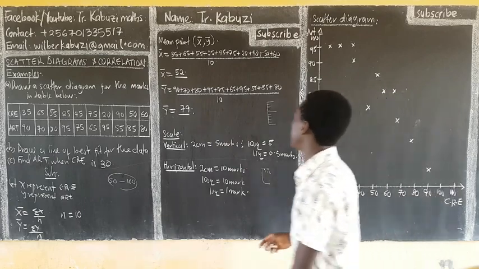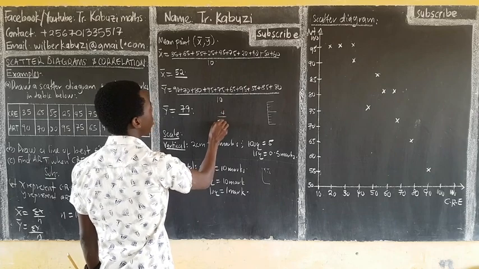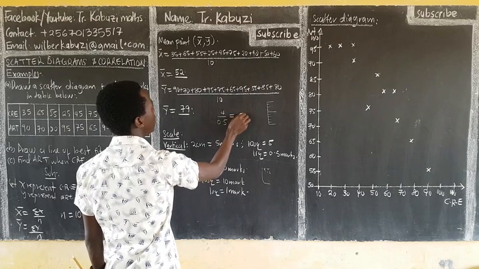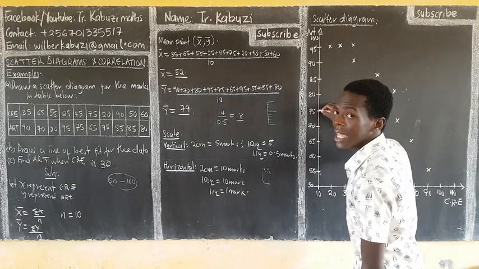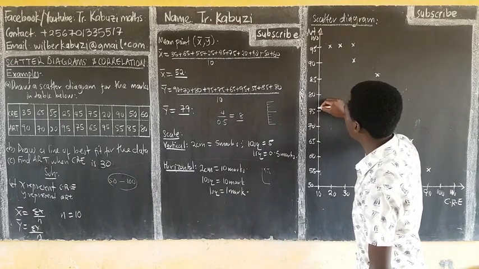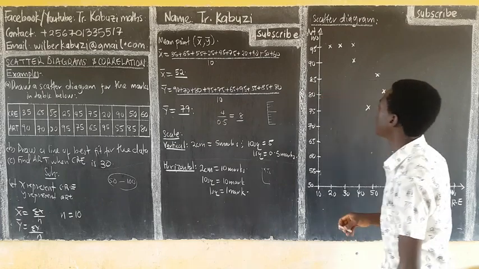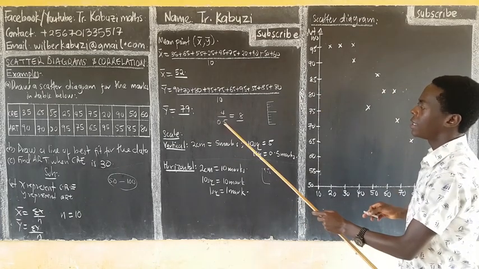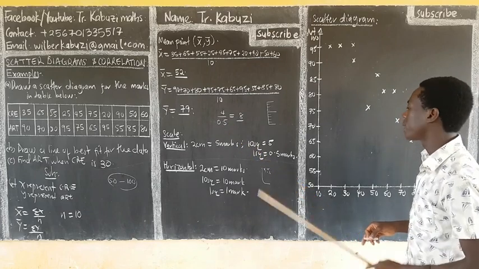What you do, you just say how many small squares you get. You get 4 divided by 0.5, and this will give you 8. So from this, you count 8 small squares: 1, 2, 3, 4, 5, 6, 7, 8. So that's where my 79 will be. That's how we can easily know how many small squares we count using our scale.